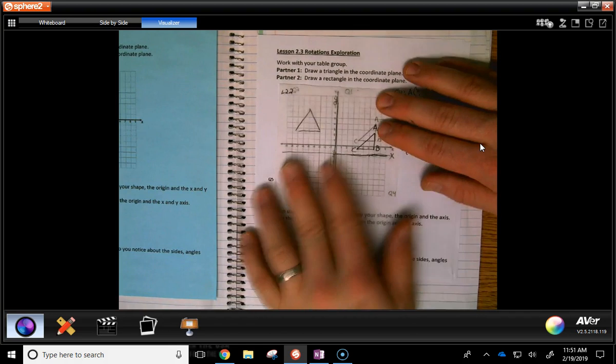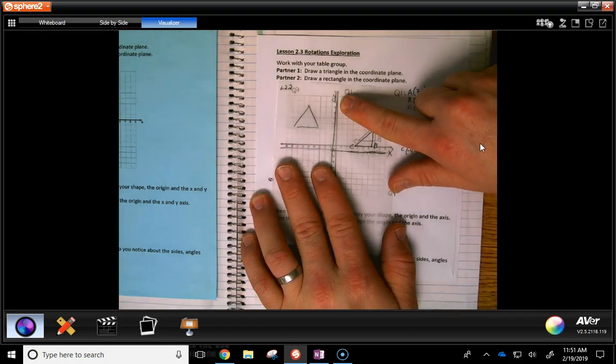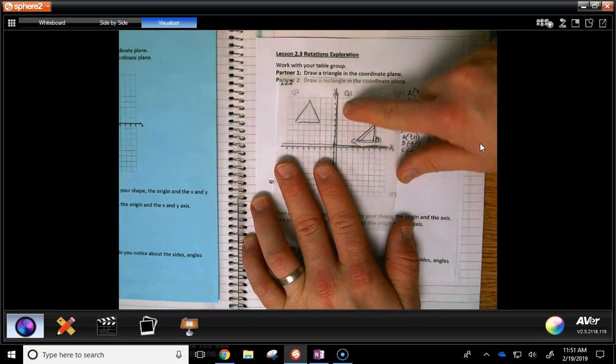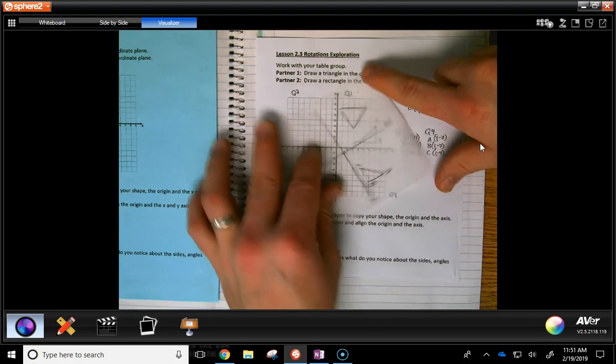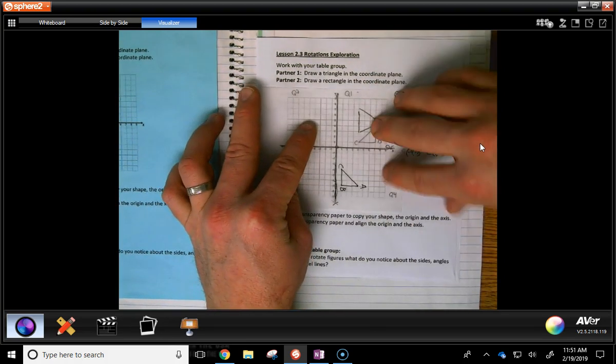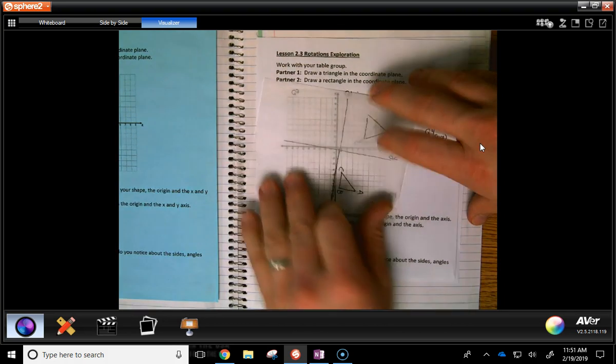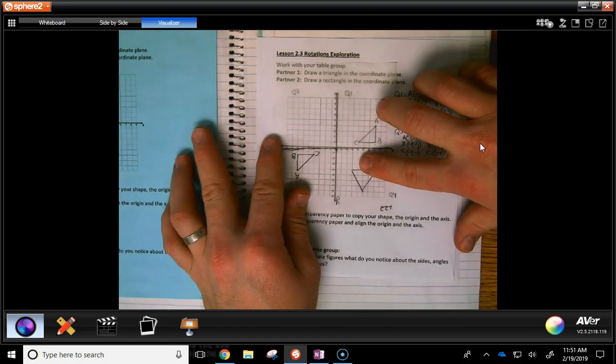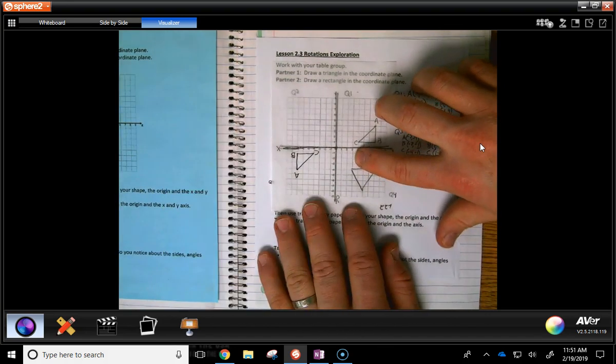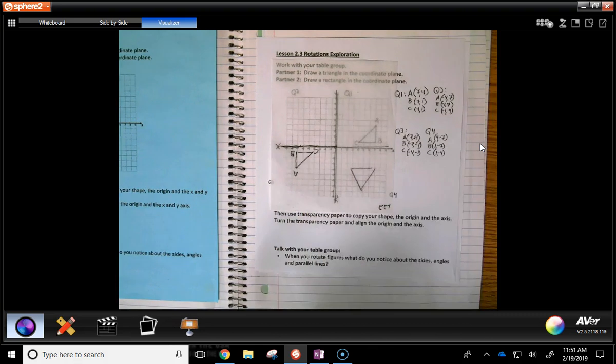Remember, look at this label right here. This says Y axis. It's up and down. But when I do one turn, my y-axis is now acting as my x-axis. So I flip my 2. If I did 2 turns, my y-axis is back to being a y, but it's upside down.